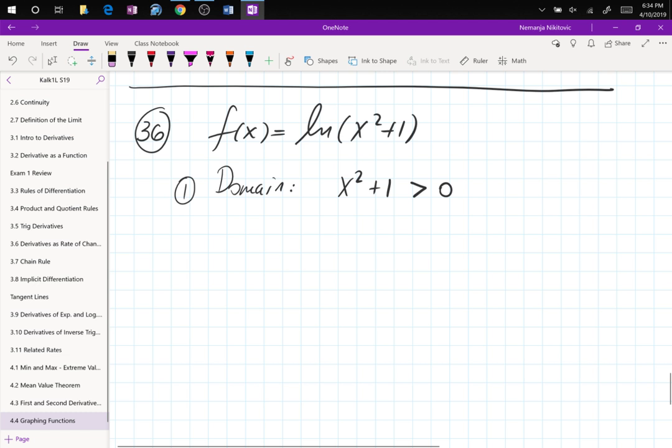Everything. You pick any number under the sun, no solar flare. Any number under the sun. When you square it, what do you get? Positive, and then add 1. Are all positive numbers plus 1 bigger than 0? Of course they are, right? All positive numbers without adding 1 are also bigger than 0. Plus 1, they're definitely bigger than 0.